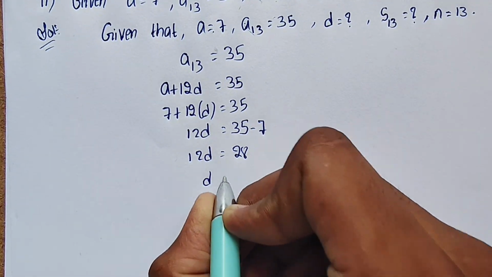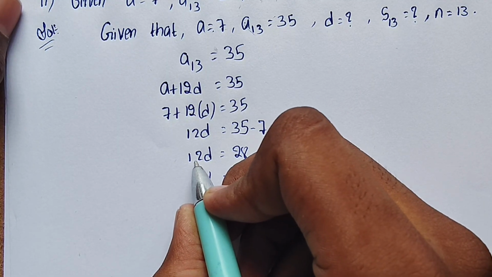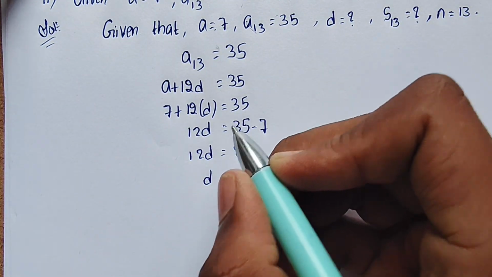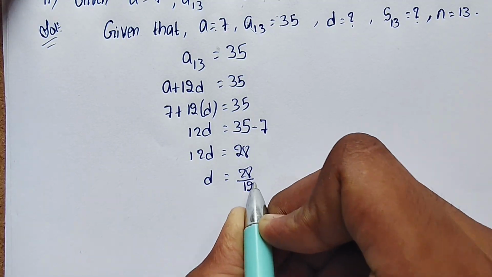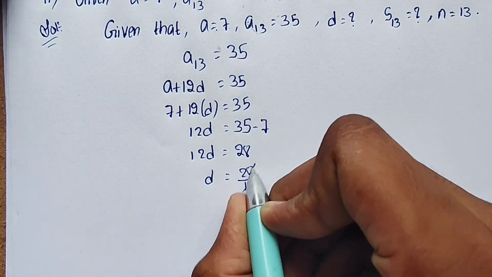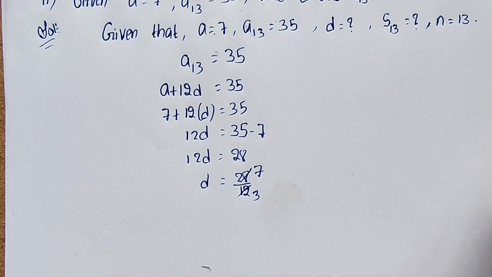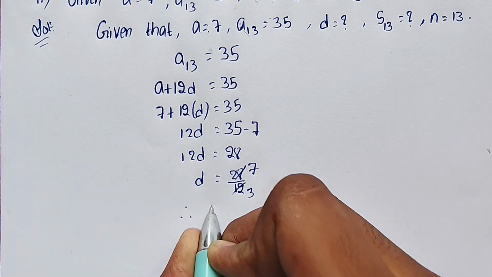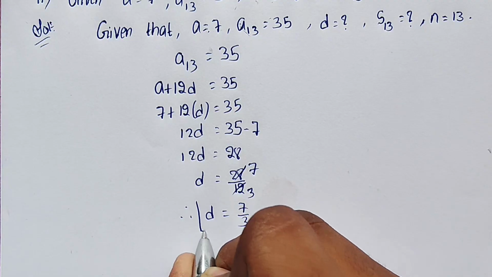So d is equal to, if 12 is multiplying the d, if we transfer 12 to the right side, it will divide the 28. So 28 by 12. Here 4 threes are 12, 4 sevens are 28. So we get the value of d is equal to 7 by 3.